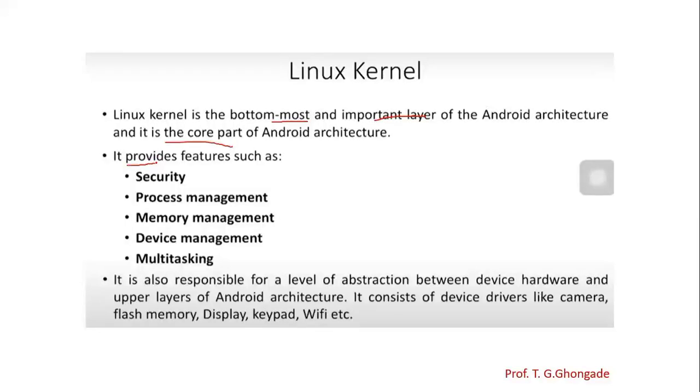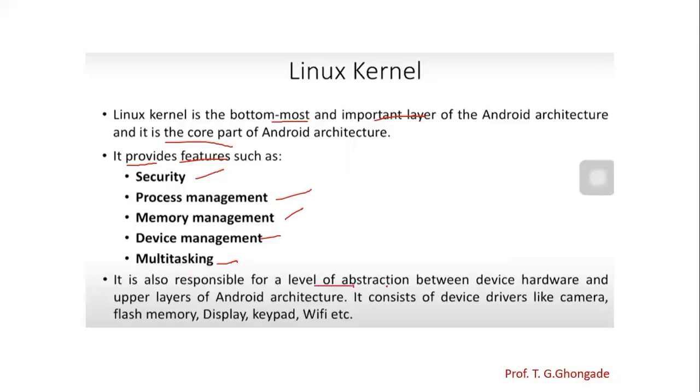After that, it provides features such as security, process management, memory management, device management, and multitasking. It is not only limited to this, but it is also responsible for the level of abstraction. I hope you all know about abstraction.